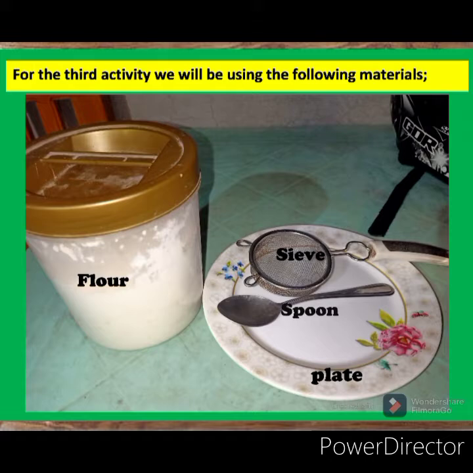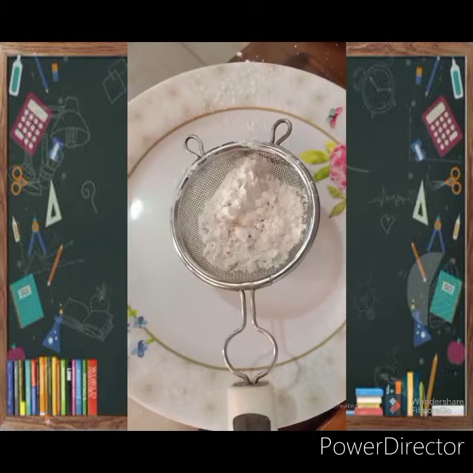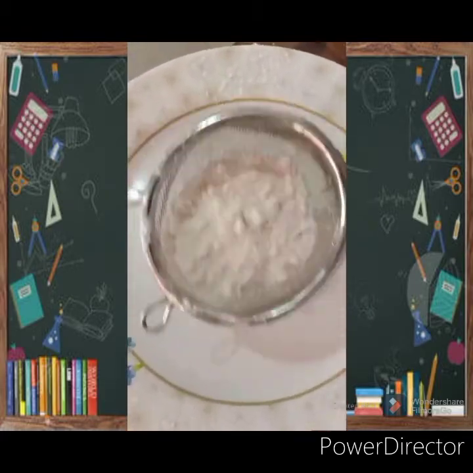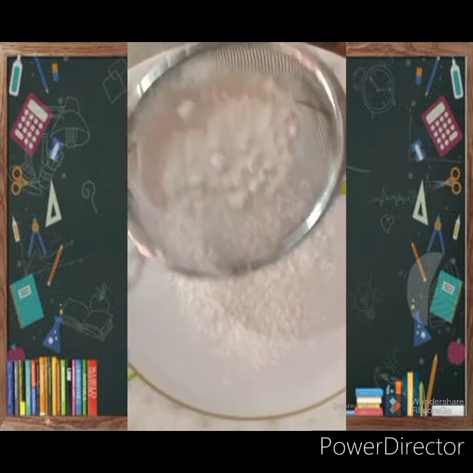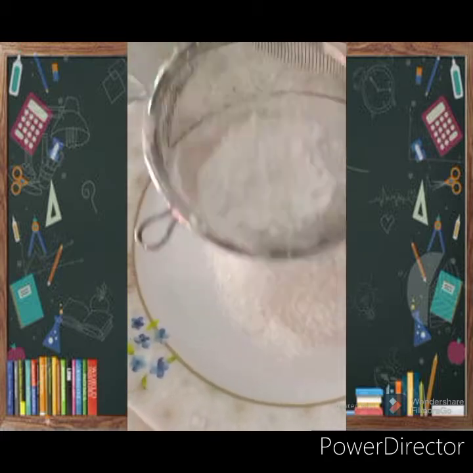Now for the third activity or experiment, we will be using the following materials: flour, plate, spoon, and a sieve. Class, use a sieve in sifting the flour and observe what will happen to the particles of the flour.